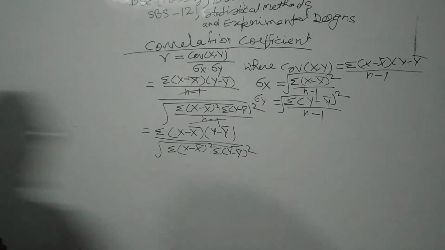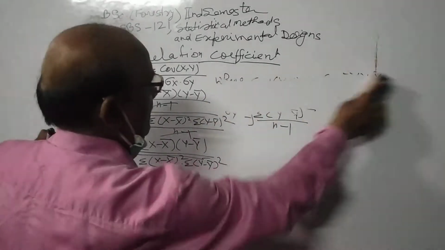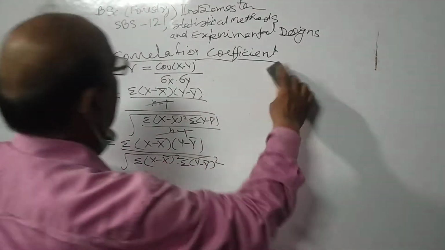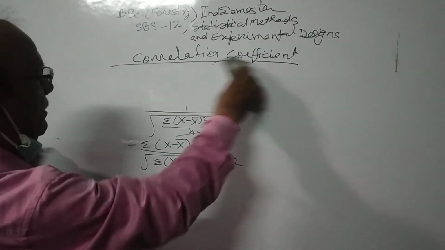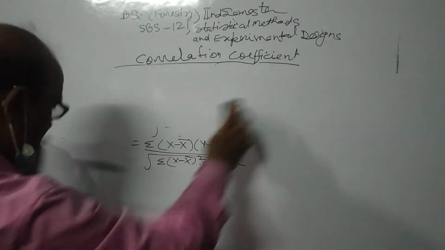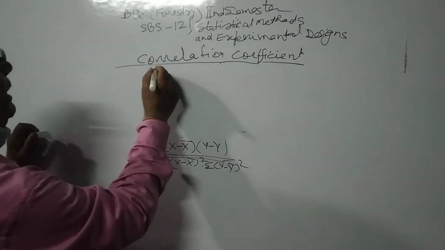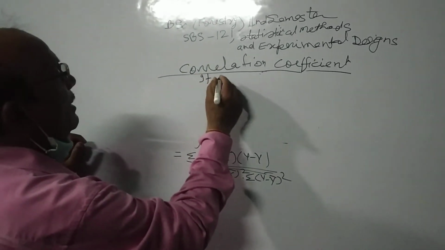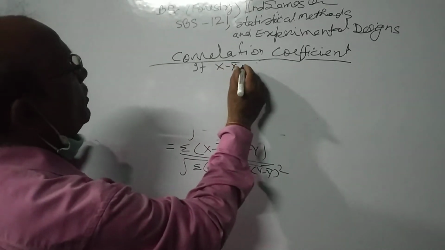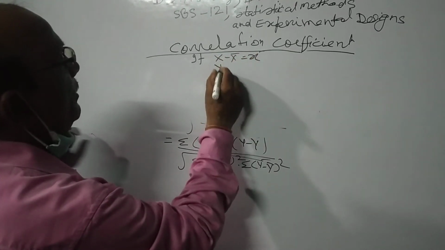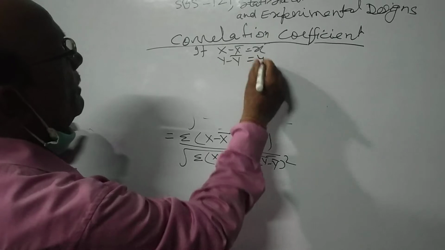Now suppose x minus x bar is equal to small x and y minus y bar is equal to small y.